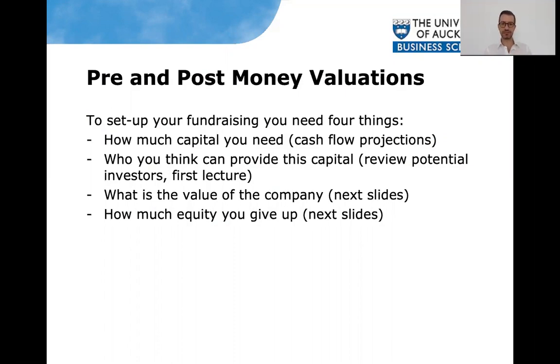So you need to understand first how much capital you need. So how much capital are you asking your investors? And this will come from the cash flow projections that we had done in the previous classes. So for example, if you have a cash shortfall of $100,000 in year one, $100,000 in year two, and $100,000 in year three, but then in year four you will be cash flow positive, you only need to cover the first 3 years.